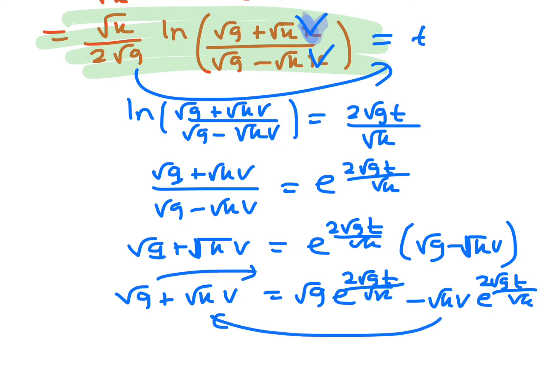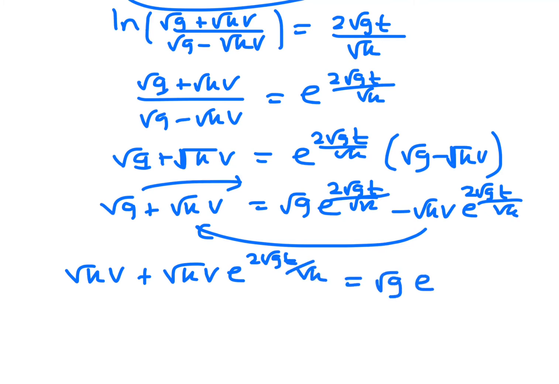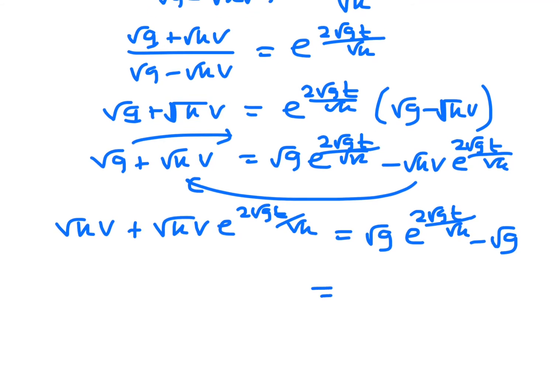Bring that over and bring the root g over. So it's root kv plus root kv e to the 2 root g t on root k equals root g e to the 2 root g t on root k minus root g. So the root g can come out as a common factor, e to the 2 root g t on root k minus 1.